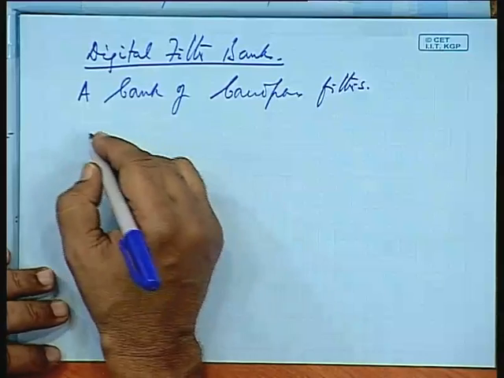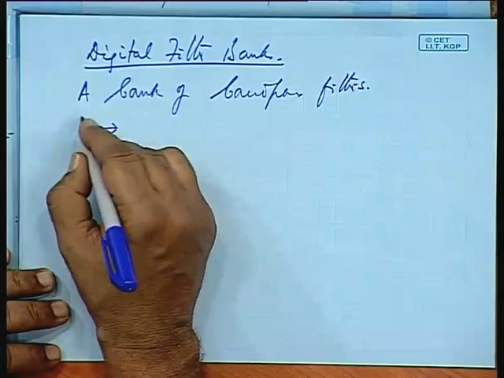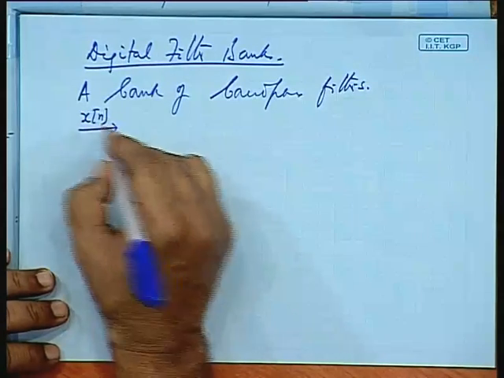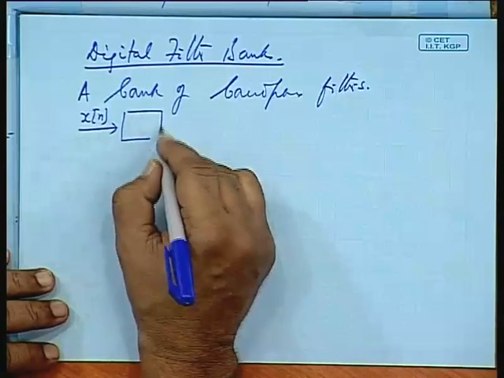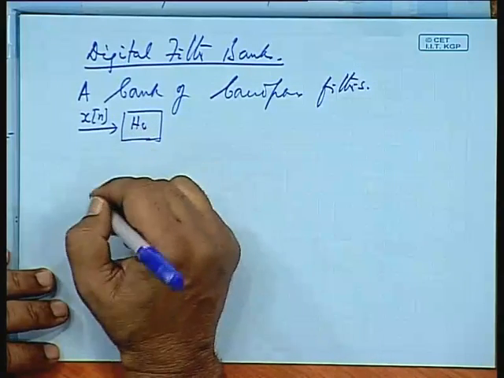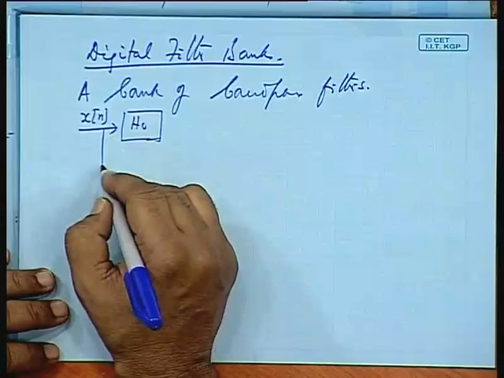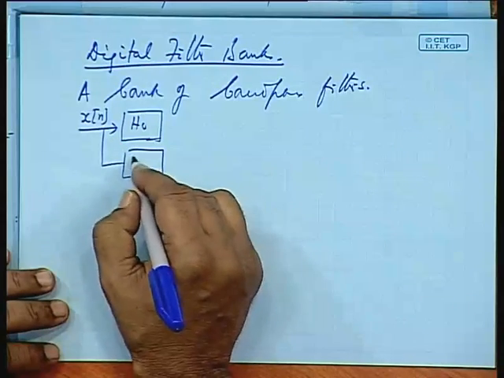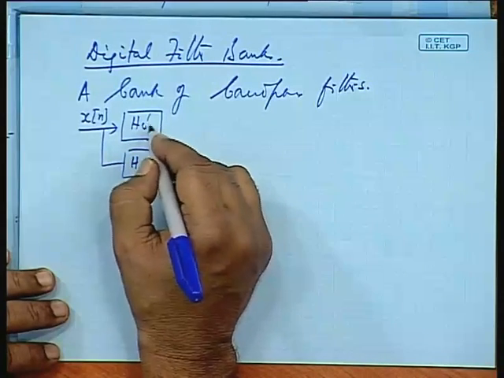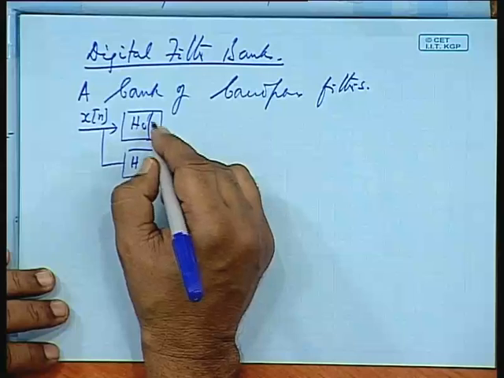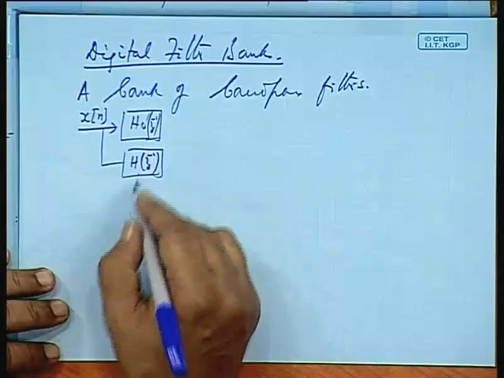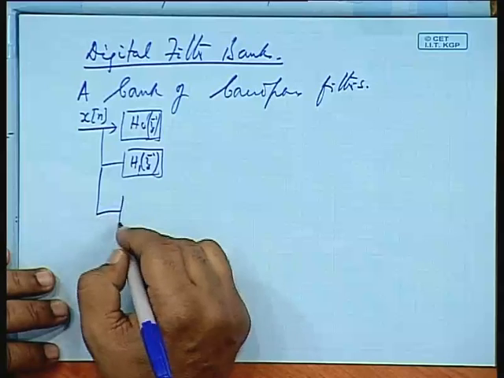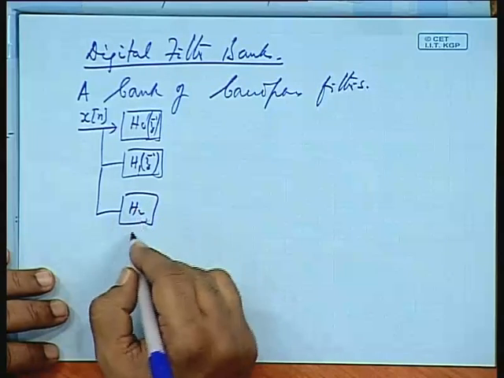We have a common input and a large number of filters, say H0, H1, H2 and so on.